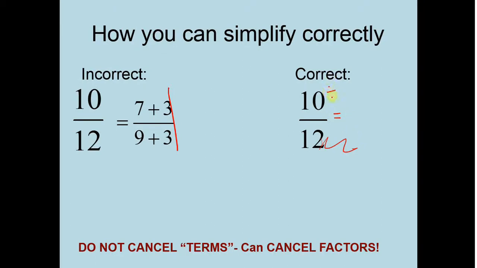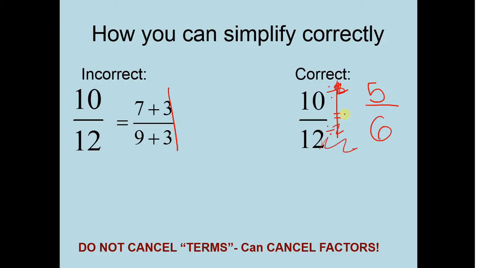Well, I can divide a 5 out, right? Or no, not a 5, a 2. You can divide a 2, right? So this would be 10 divided by 2, that's 5. And 12 divided by 2, that's 6, right? So technically, I took out a 2, right? Divided out a factor. So you can't cancel terms, you can cancel factors.